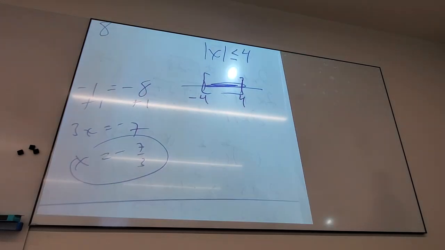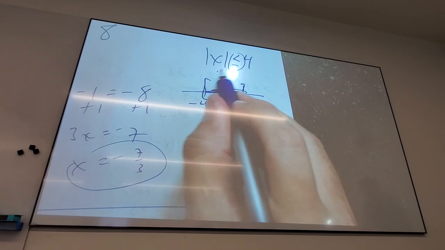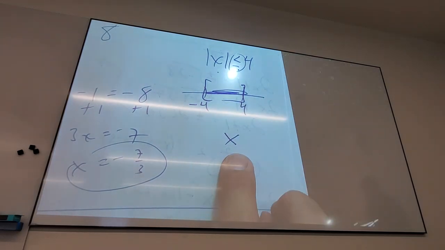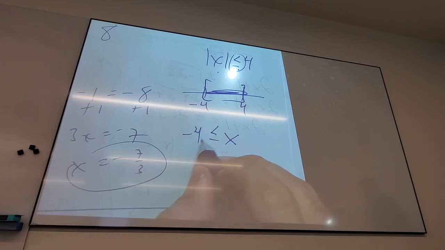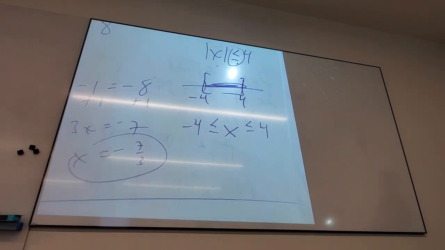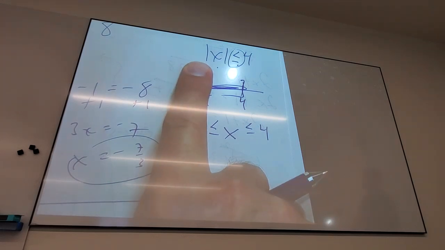So algebraically, how could I rewrite an inequality with a less than? I could rewrite it as this number can go down to negative 4 or up to 4. If it goes above 4, it's not a true statement. If it goes below negative 4, it's not a true statement.